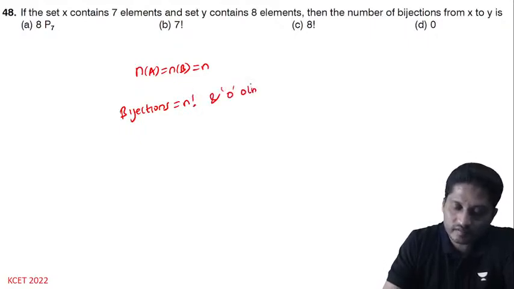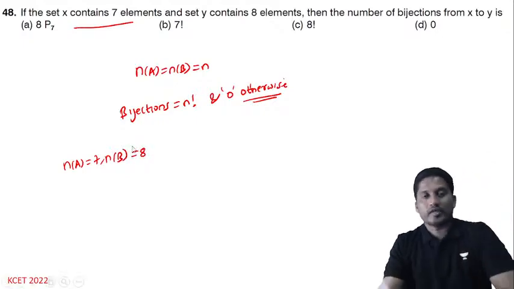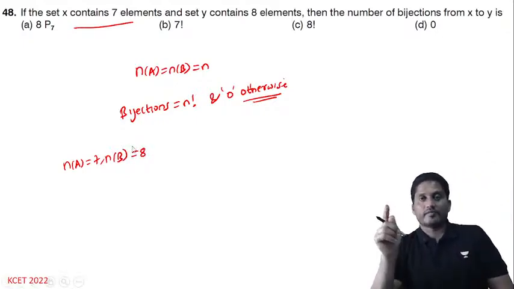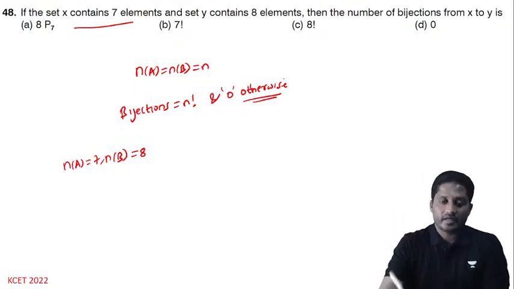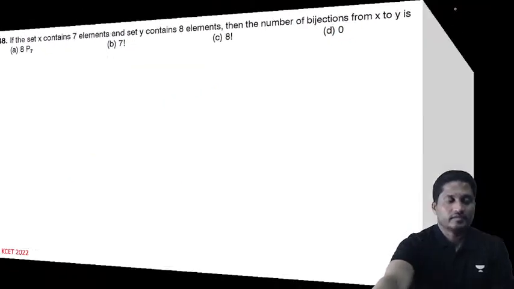So if I use this logic, guys, set A contains 7 elements and set B contains 8 elements. Bijections are possible only when set A and set B have the same number of elements. But here it is 7 and 8, so the total number of bijections will be 0. Answer is option D.